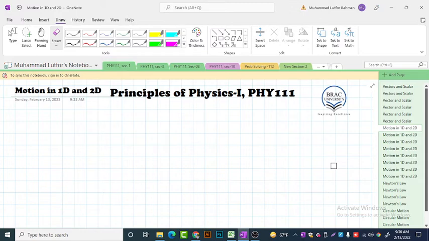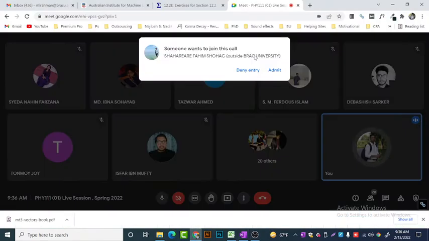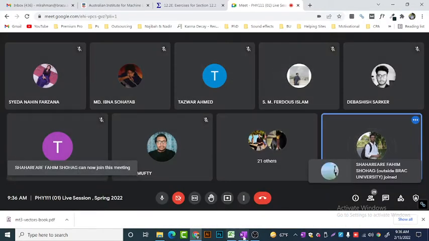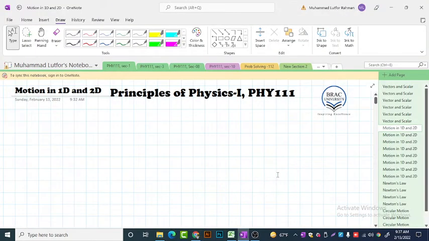All right. So then we should start our topics today. So today, basically, we are going to talk about motion in 1D, 2D, and also 3D. We will start that step by step. Fine.